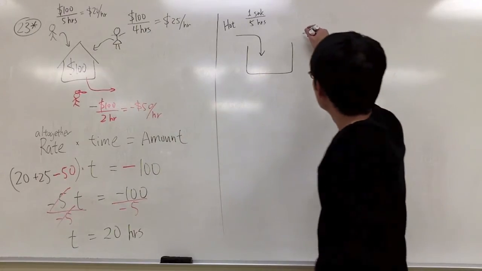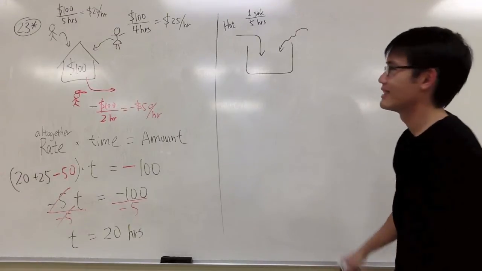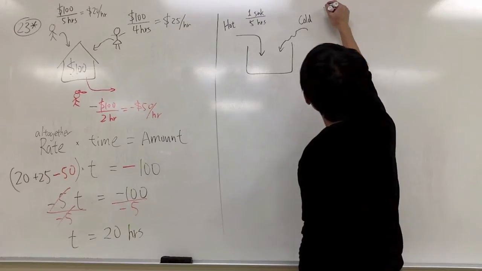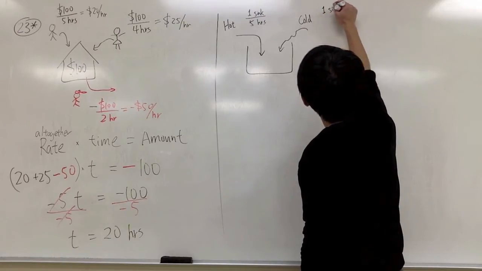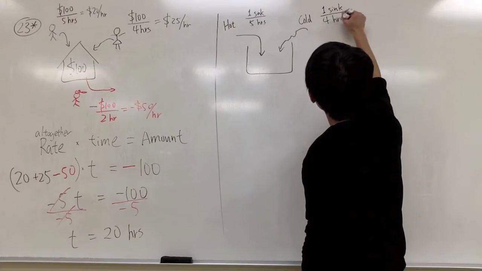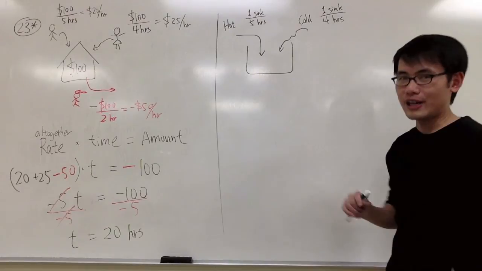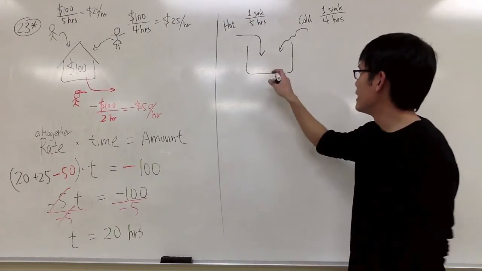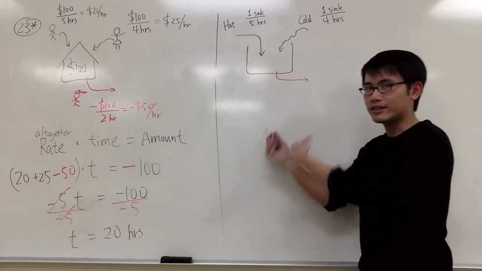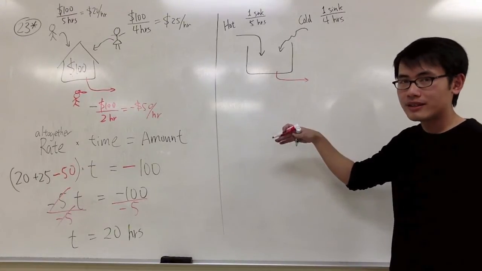And likewise, we also have the cold water going into the sink. The rate for that is one sink over 4 hours. Okay? And we'll just keep them as fractions. And here's the drain that drains the water out. The drain can empty all the water.